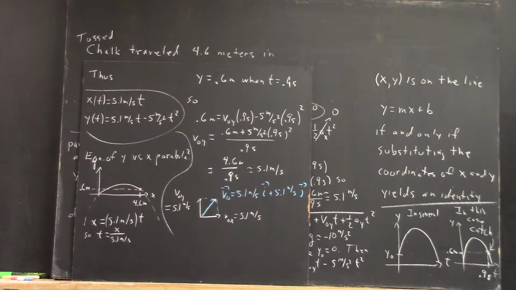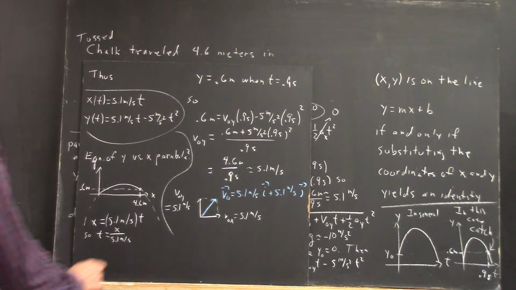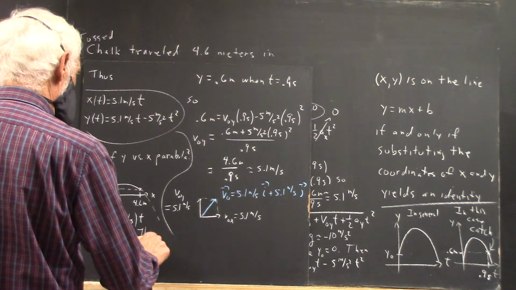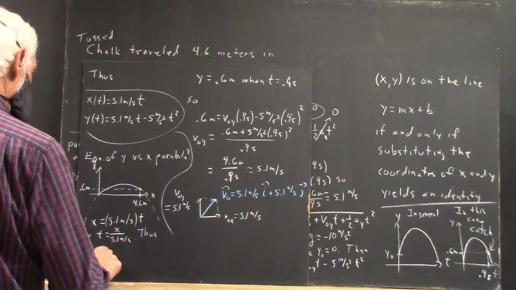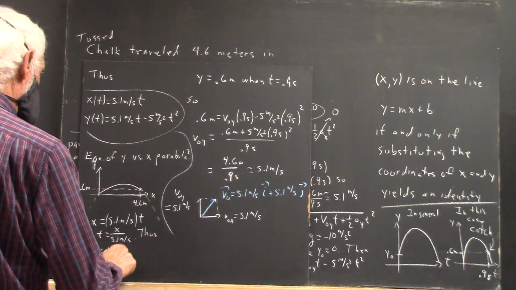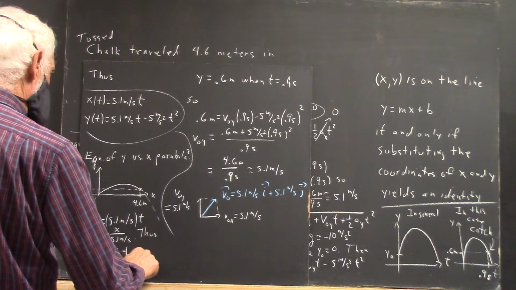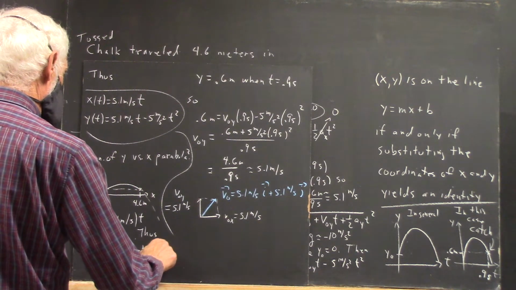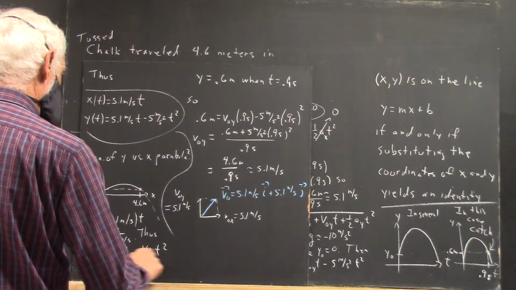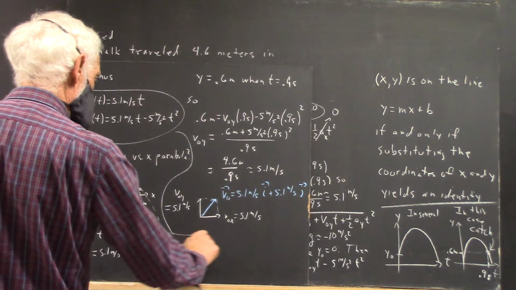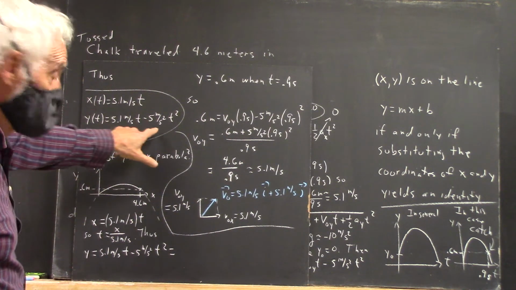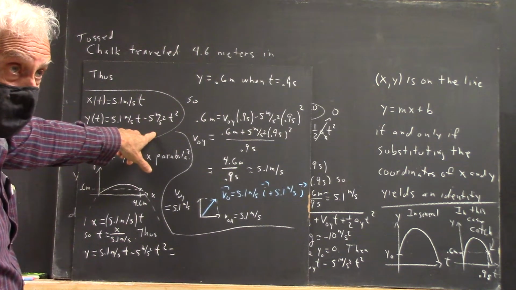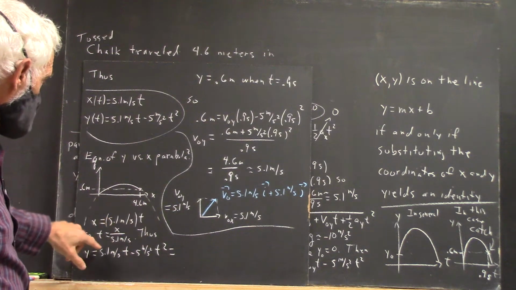So that t is x over 5.1 meters per second. Well, y is what we say here, and t is this.